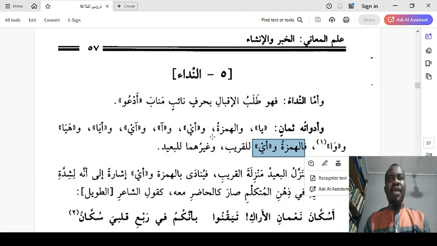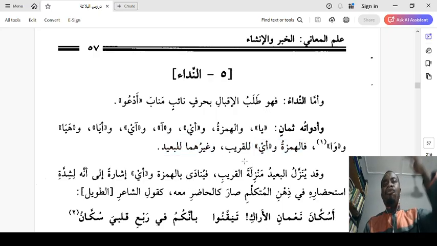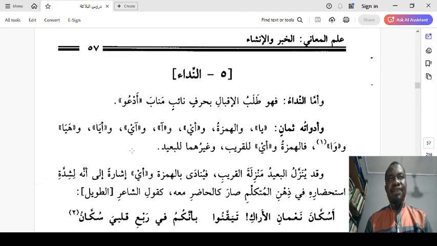And then وَغَيْرُهُمَا, and all the others are used for ba'id. So somebody is far, you use ya, you use ayaa, you use aya. Okay, you use haya for somebody that is far. And then even the wa, though the wa is an article of lamentation, not really nida.